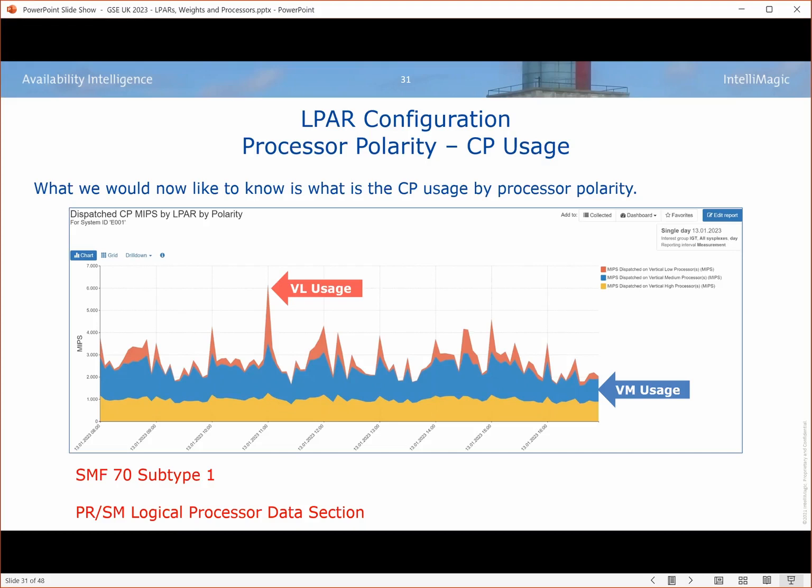And of course, the vertical low processors and what's been dispatched on those logical processors. And you'll see, of course, that the peak I've just highlighted there, 11 o'clock, matches our peak that we just looked at, okay? So what we're looking at here is a view of the dispatched CPs based on the polarity of the CP, i.e. how efficiently the workload is using the processors that we've defined for that LPAR.